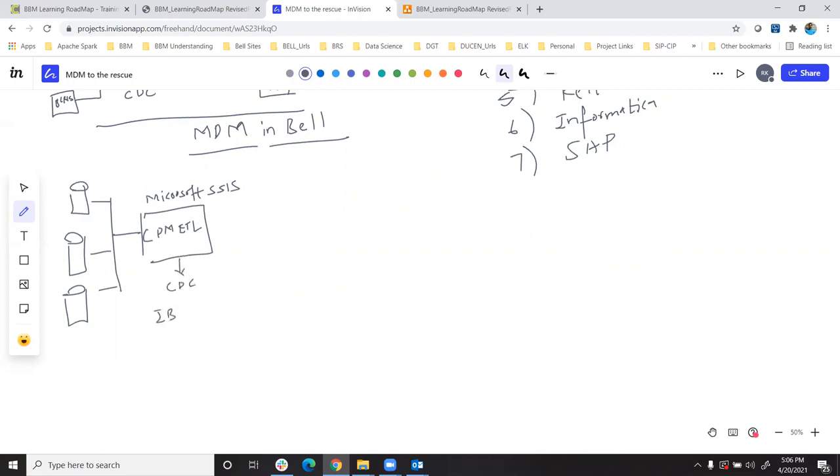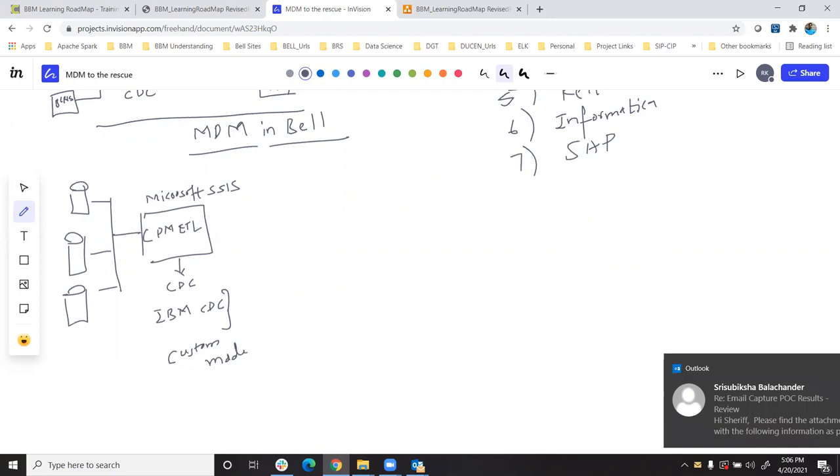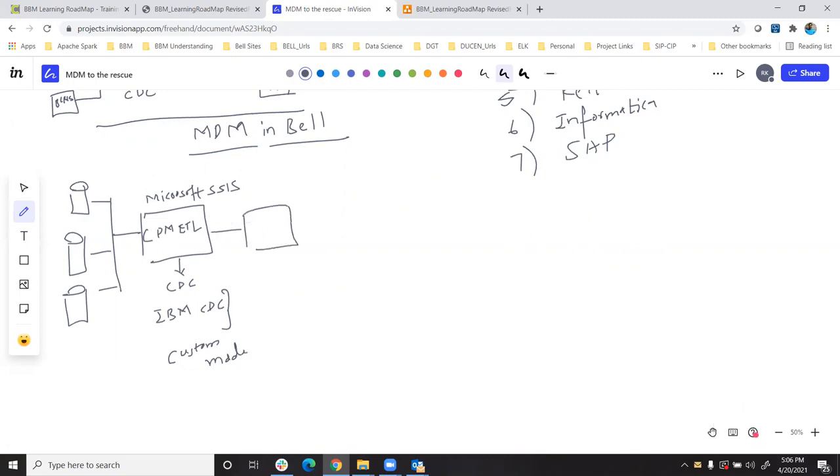Then they do the CDC. IBM gives you a tool called IBM CDC, but we custom made that solution. We are comparing and computing the data, custom made. Then we are using the MDM batch processor, which is given by IBM.